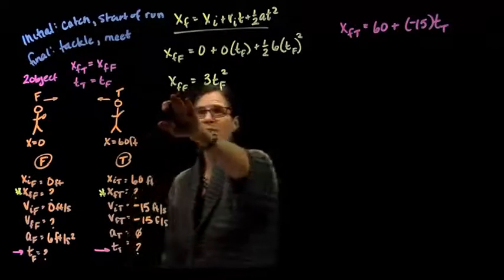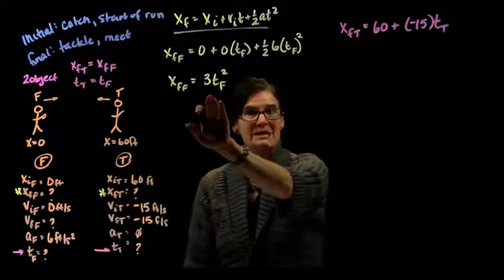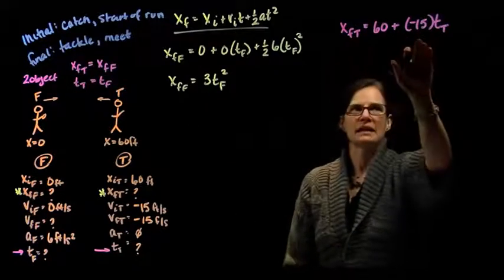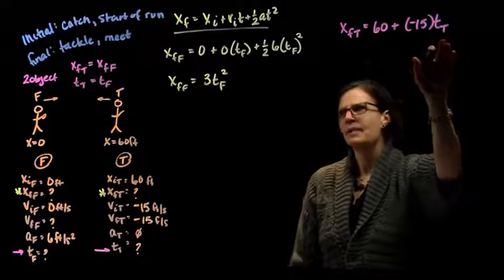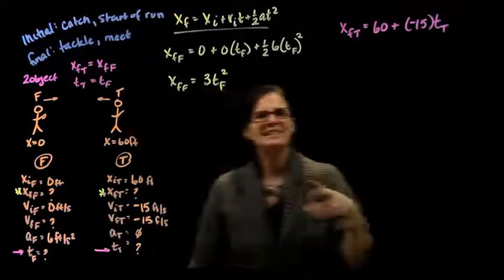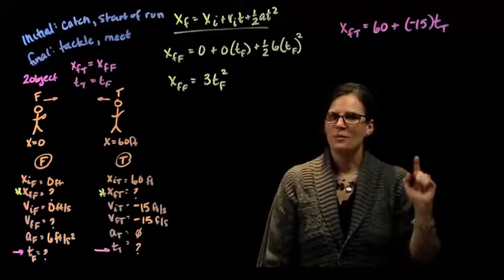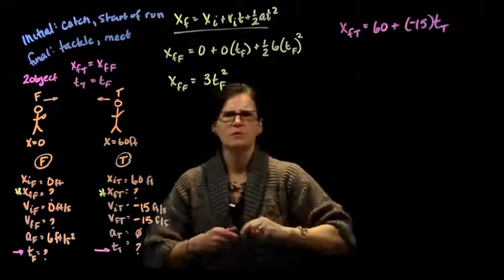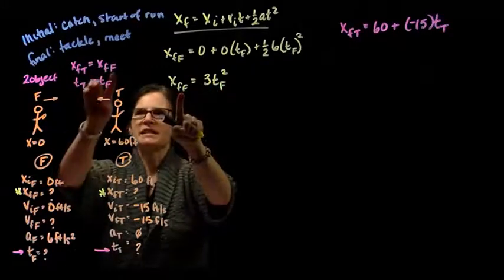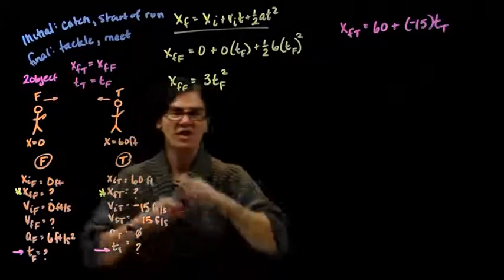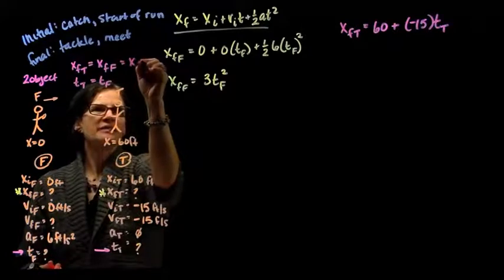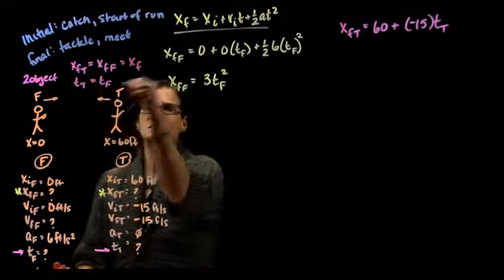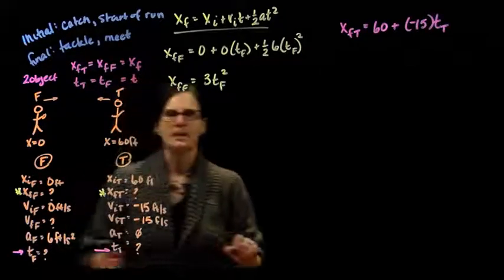And so if x final of Fred equals 3 times the time of Fred squared, and x final of Tom equals 60 plus negative 15 times the time of Tom, and these two relationships exist, then I'm ending up with two equations and two unknowns. So let's rethink those two equations. x final of Fred is equal to x final of Tom. Let's just call that x final. The time of Tom is equal to the time of Fred, so let's just call that time.